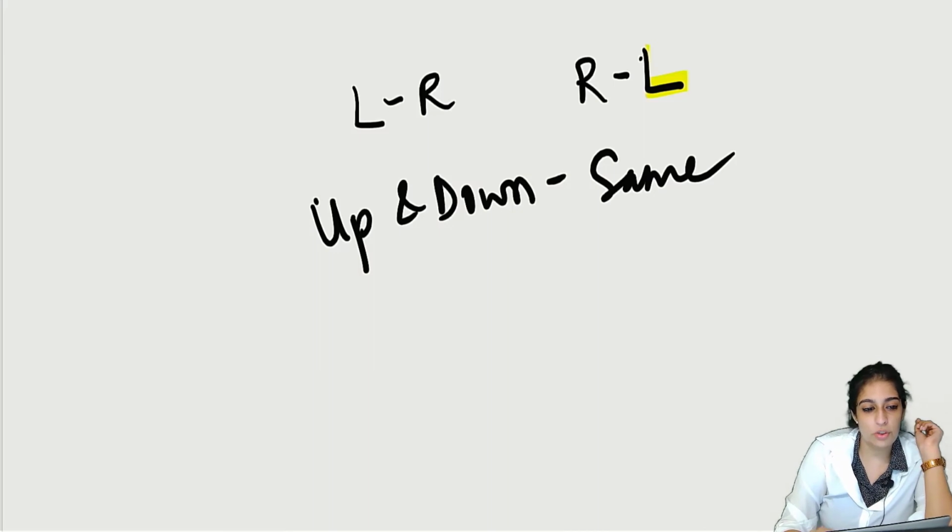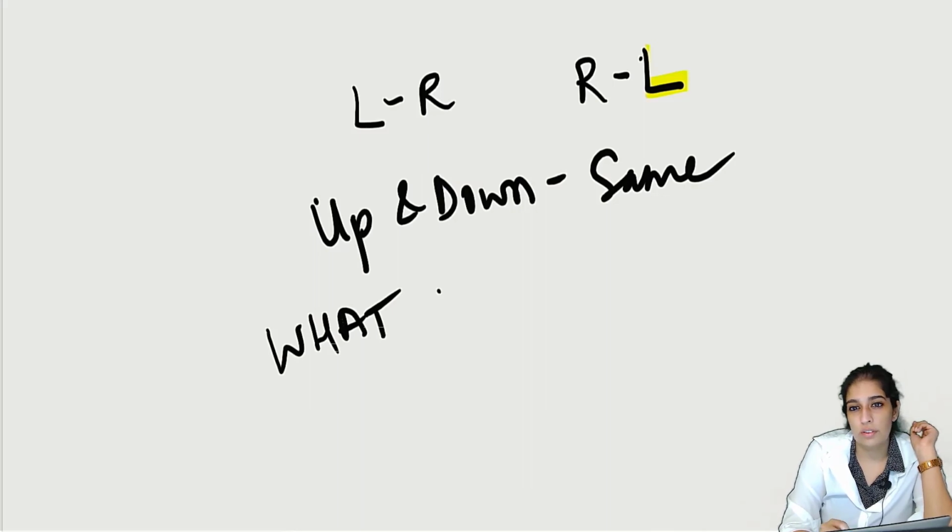Certain alphabets do not change. What? W doesn't change, H doesn't change, A doesn't change. T doesn't change. Okay, then U, mix, वो भी change नहीं होता है.